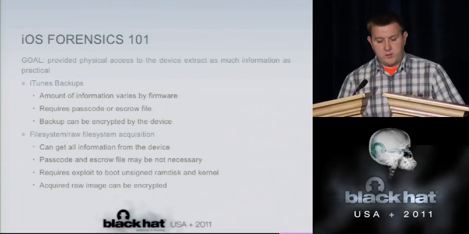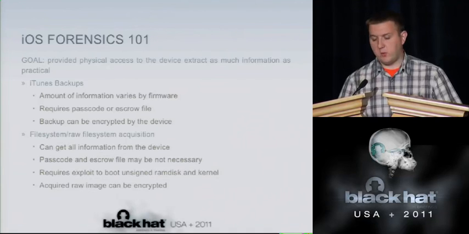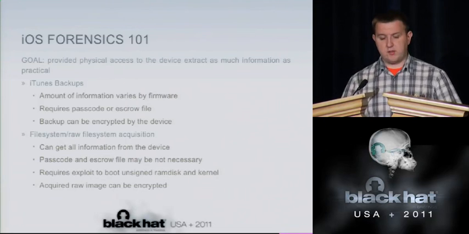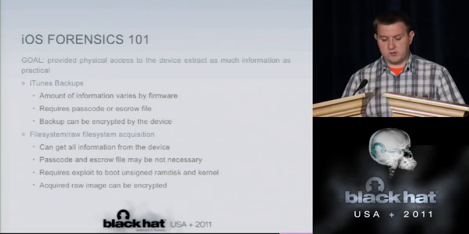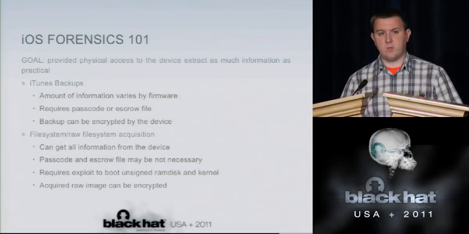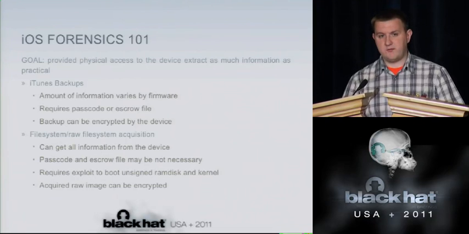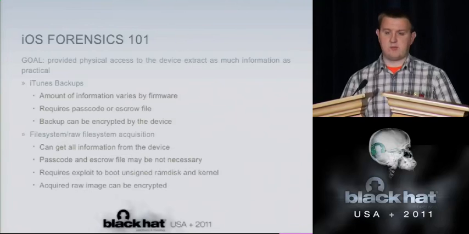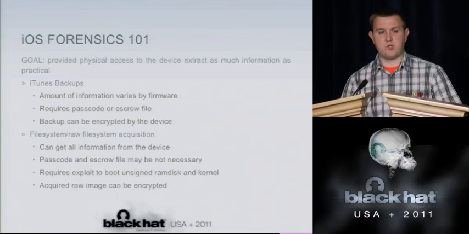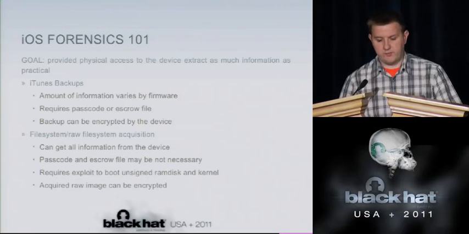The downsides, however, are that the amount of information available this way is very limited, and the exact information included in the backup depends on the particular version of iOS the device is running, and it can be changed. For example, Apple can easily change the amount of information included in the backup in the upcoming iOS 5.